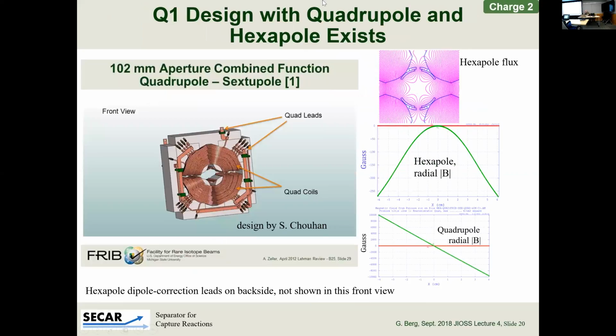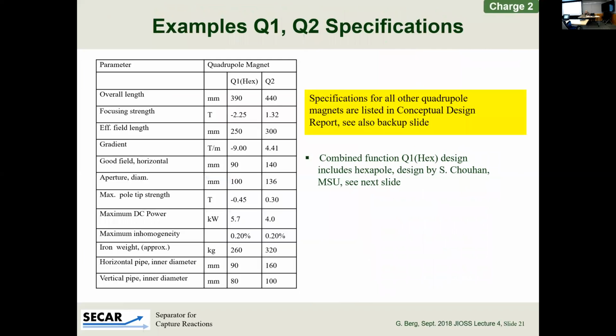I talked about quadrupole 1 being not only a quadrupole, which is shown here, but also having a hexapole and an undesirable dipole component. So this is a little bit a piece of art. Shailendra Chauhan came up with this design and gave us the idea, but of course, physically this is a little bit different than the calculation.